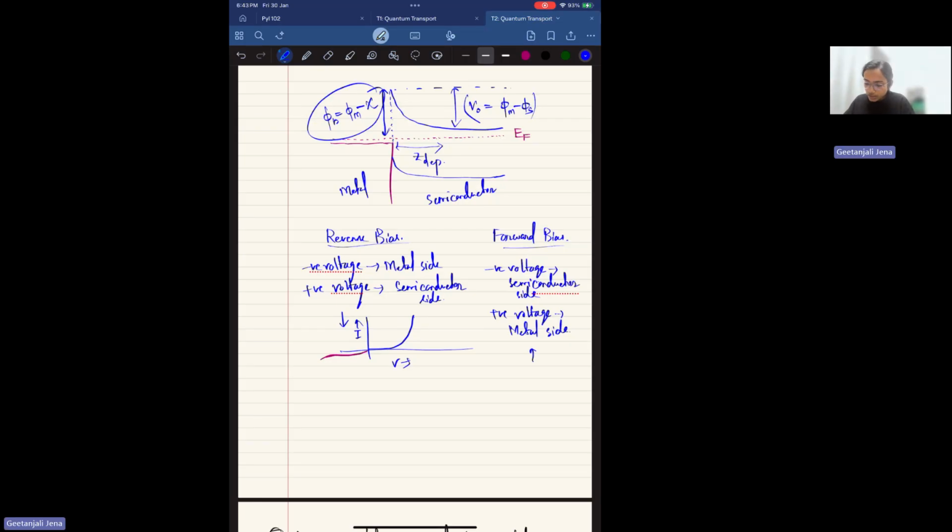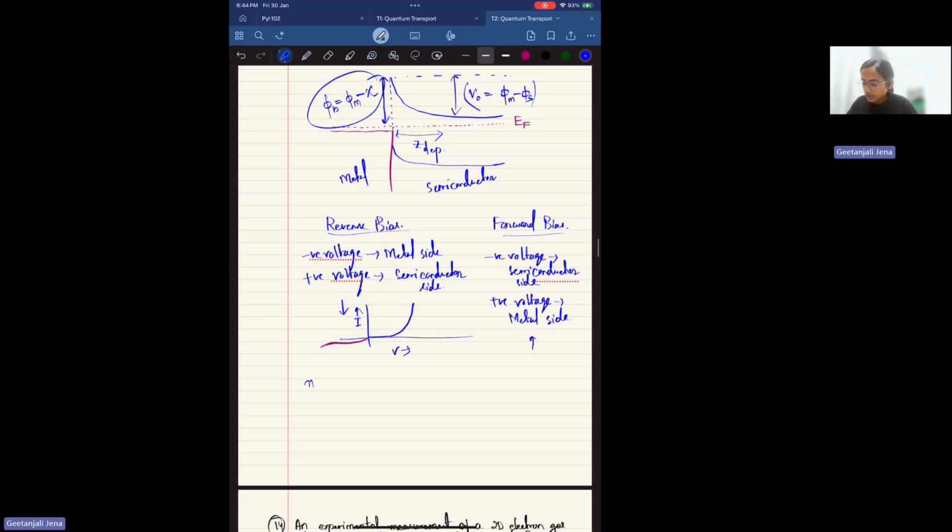On the other situation, if the work function of the metal is less than the work function of the semiconductor, what will happen? Let us first plot the diagram. N-type semiconductor to a metal, but with the condition that phi m is less than phi s.